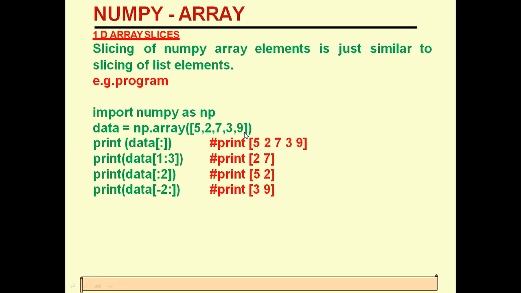From the last: minus 1, minus 2, minus 3, minus 4, minus 5. So you have to write like this: print data[-2:]. From the last, minus 1, minus 2, both elements will be printed, 9 and 3. 9 is minus 1, 3 is minus 2. From the last, 2 elements we are retrieving here.